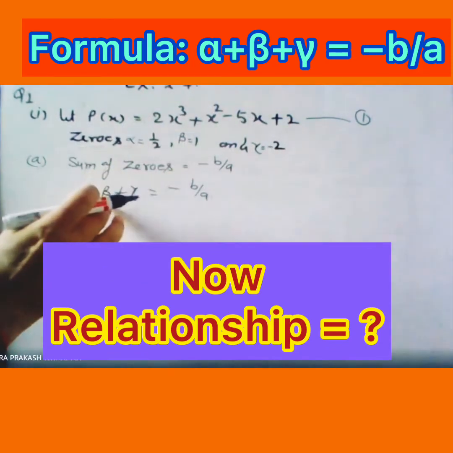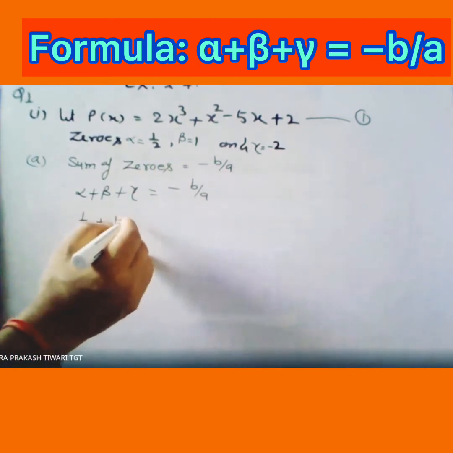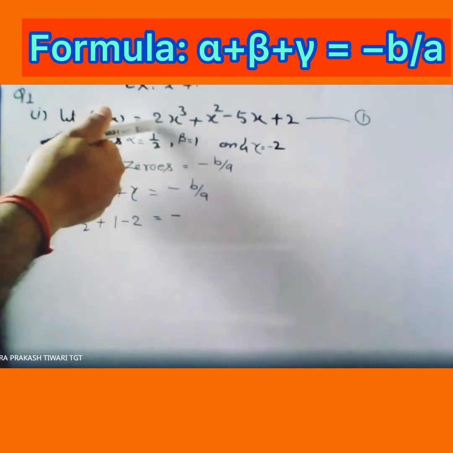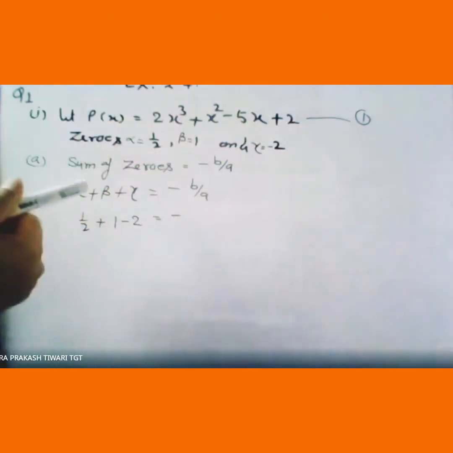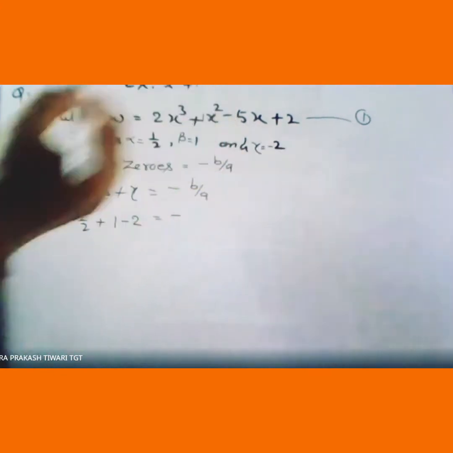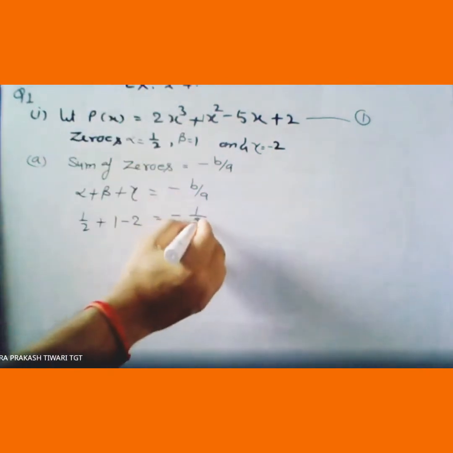So you will put here alpha is 1 by 2, beta is 1, and gamma is -2, equal to minus b upon a. So b is the coefficient, that is 1, plus 1. So 1 upon a means 2.